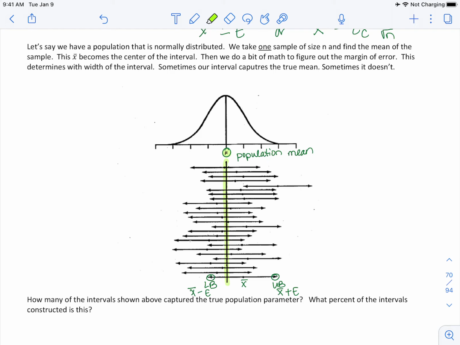So if we look carefully, there is one right here that does not capture mu. Right? It does not go over that population mean.